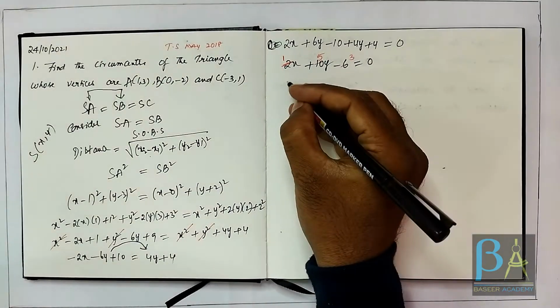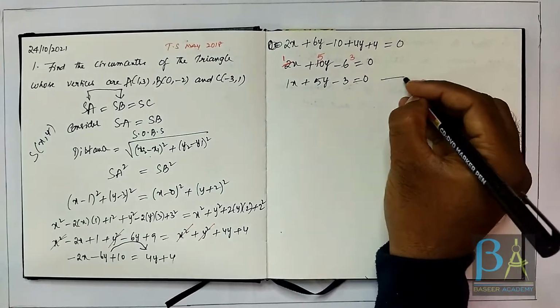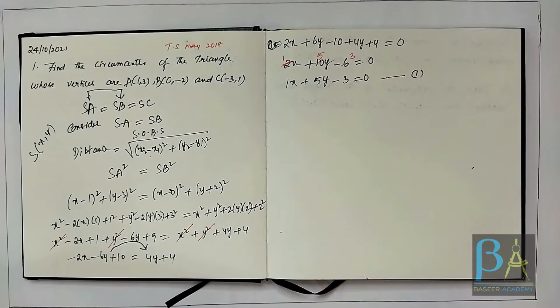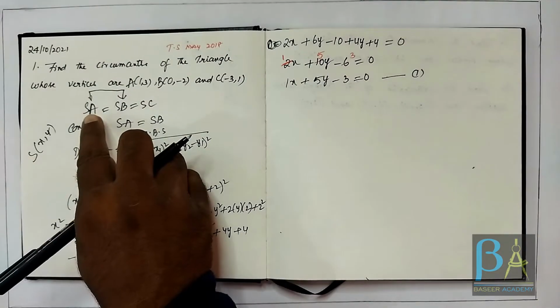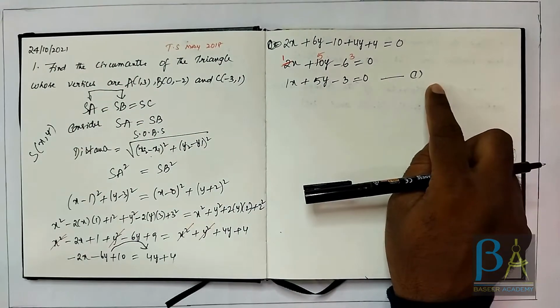Now you are left with 1x plus 5y minus 3 is equal to 0, which is your first equation. So when you considered SA is equal to SB, you got your first equation.